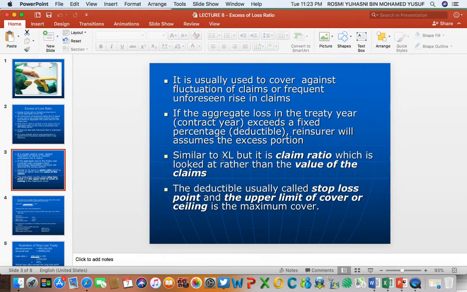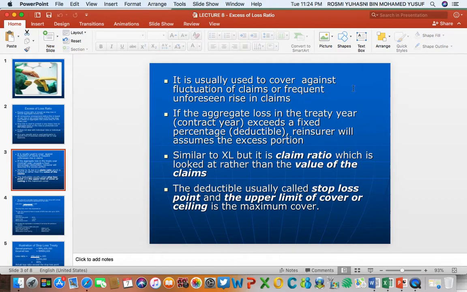The mechanism is similar because it has a deductible and it has a maximum cover. It is similar to the other two excess of loss reinsurance programs, but for stop loss, it refers to what I mentioned earlier, claim ratio, not the value of claims in monetary terms. The claims paid by the reinsurer depend on claim ratio.